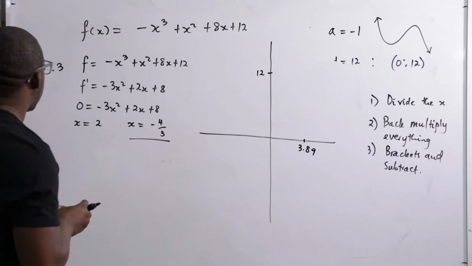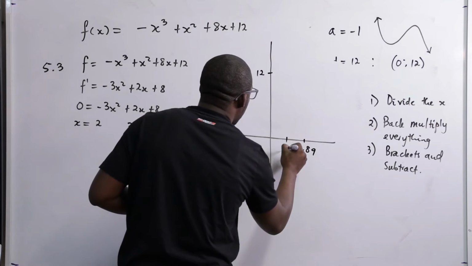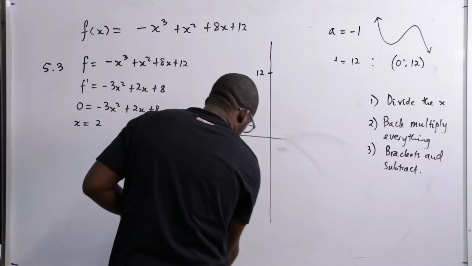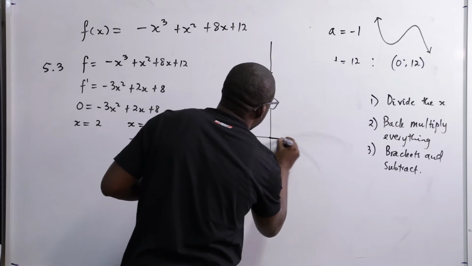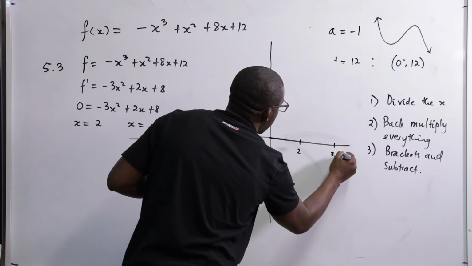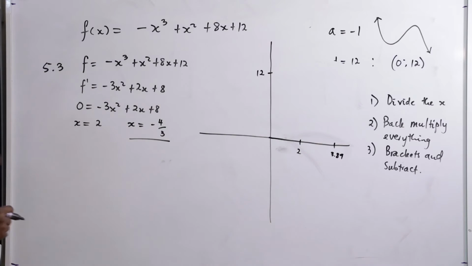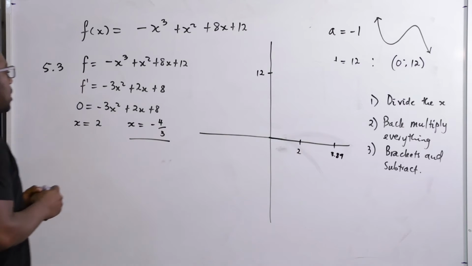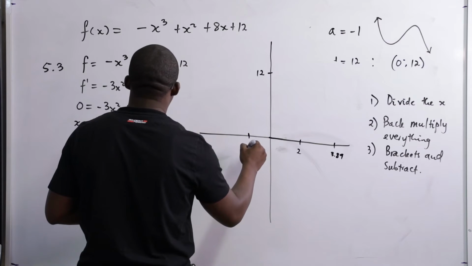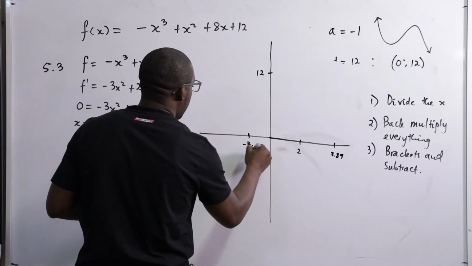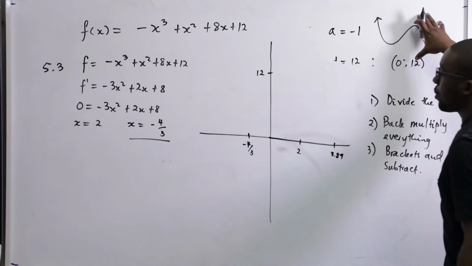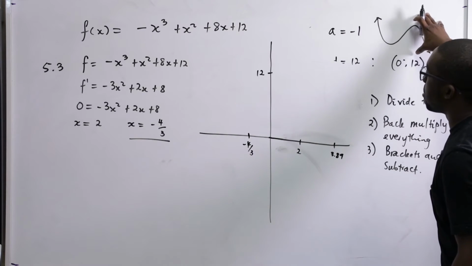Then the turning point, there was one at 2. Let me make space so that it fits nicely. 2, 3.89. Then the other turning point was at negative 4 over 3. The shape that we anticipate of the graph is going to be like this.